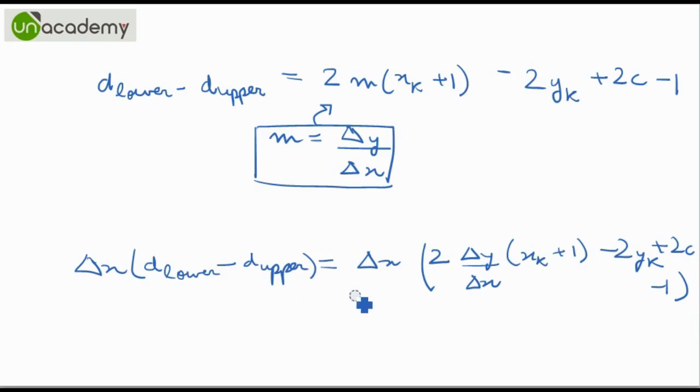So simplifying the right hand side, we get this equals 2 times delta y dot xk minus 2 times delta x dot yk plus this constant. Let us call this new constant b. So what is b? b is this complete thing.